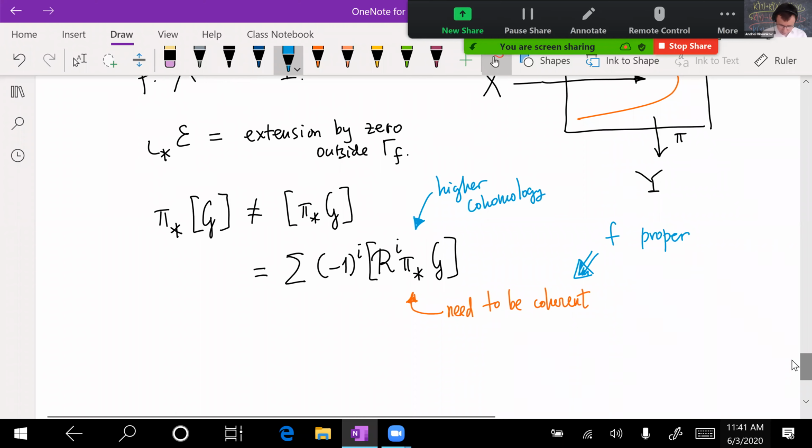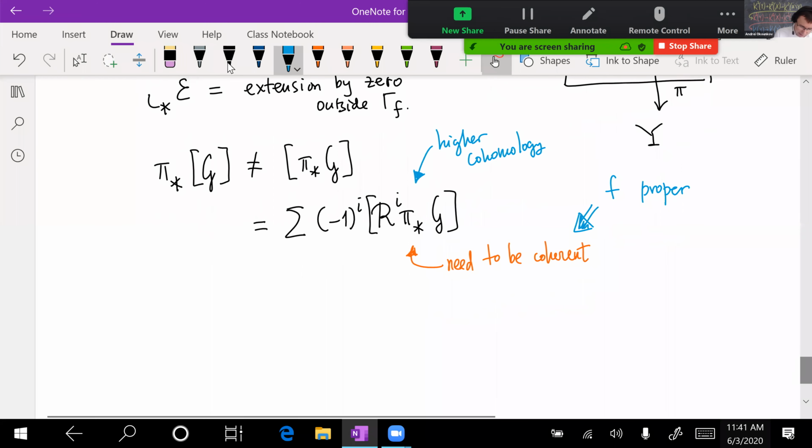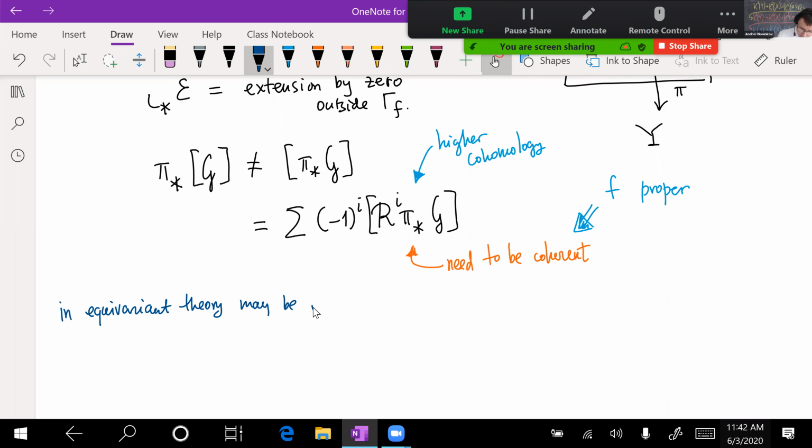But on K theory of coherent sheaves, once the map is proper, this works well. But in equivariant theory, this may be relaxed.